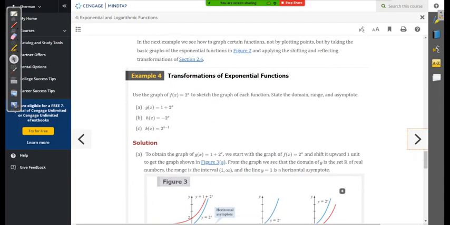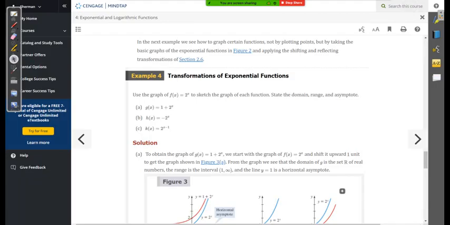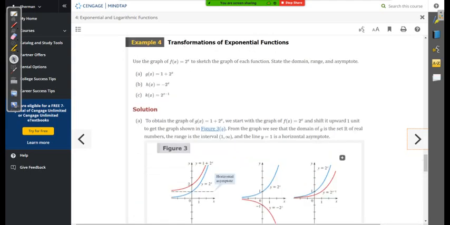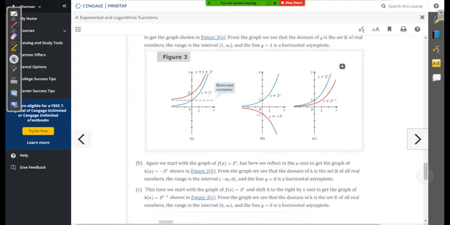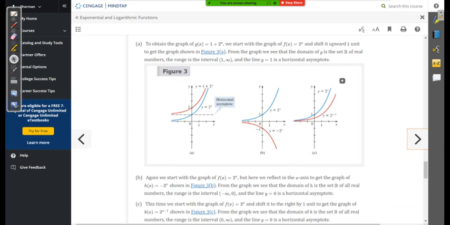Now we get to the good stuff. Similar to, as a matter of fact, I said chapter 3 was going to be our hardest one, and it's true, because everything we're going to be doing now is basically what we did in chapter 3.